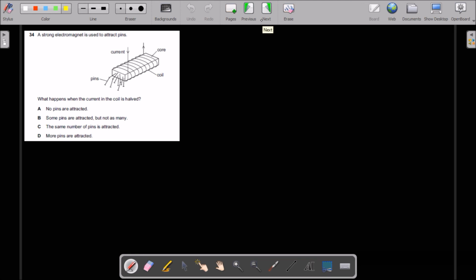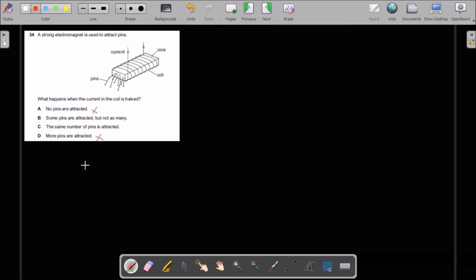Question 34. A strong electromagnet is used to attract pins. What happens when the current in the coil is halved? When current decreases, magnetic field will decrease as well, which causes magnetic property to decrease. That's why no pins are attracted, it is wrong.